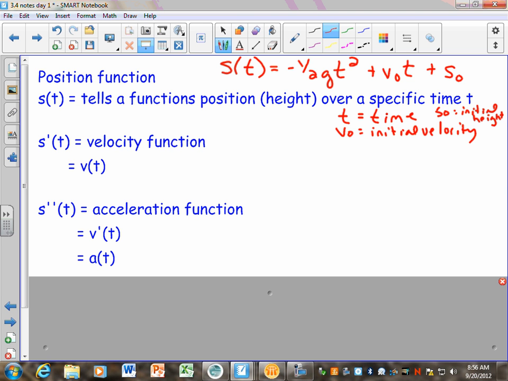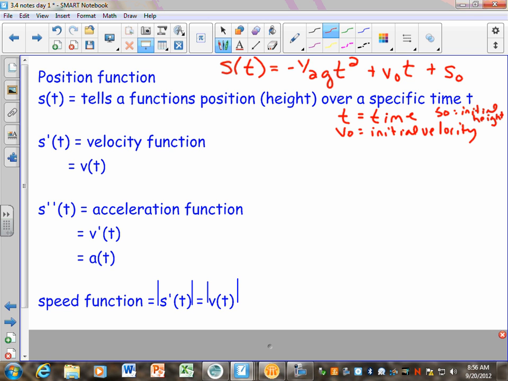And then we also throw in speed sometimes. Speed is almost the same as which one of those? Position, velocity, or acceleration? Velocity. What's the difference between speed and velocity? Yeah, velocity has direction. So if something's falling, velocity is going to be negative. Speed is always positive because speed is the absolute value of velocity.